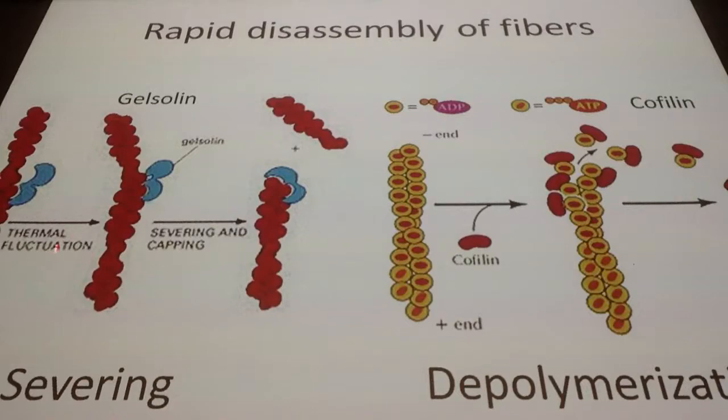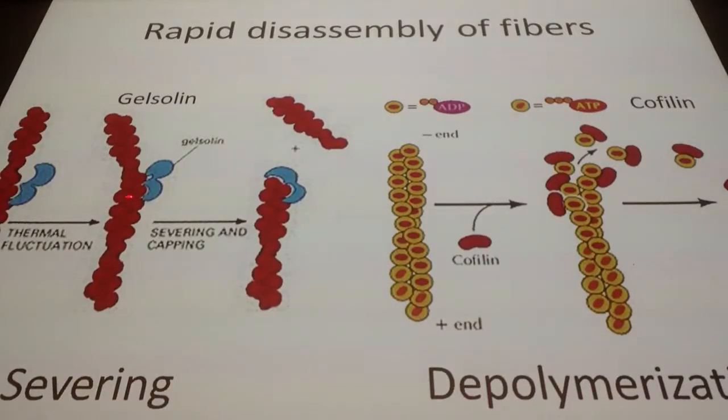Severing is when you have a protein that goes right in the middle, not necessarily smack in the middle, but somewhere in the middle of the microfilament, and actually tears it. It's not a protease, so it doesn't digest the protein, but it unbinds two G-actin that are bound together.